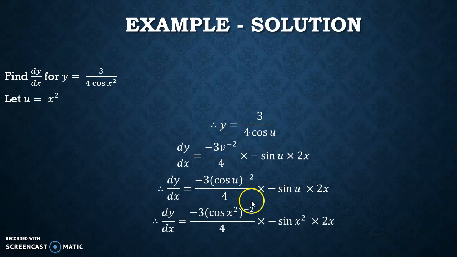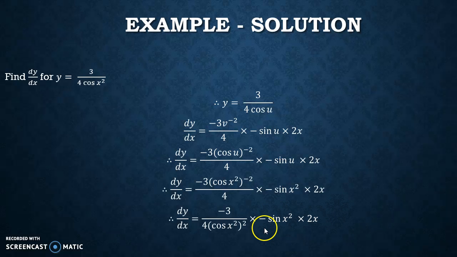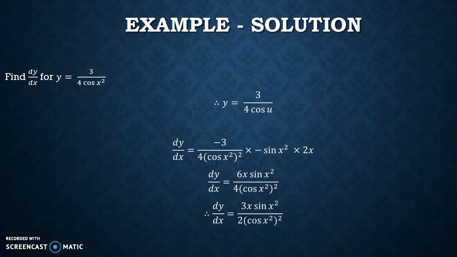Obviously we want to get rid of that negative index, so we can bring what's in that bracket down and simplify it that way so we have nice positive indexes. So as we multiply all that together and simplify it, we get 3x sine x squared divided by 2 brackets cos x squared, close brackets, squared.